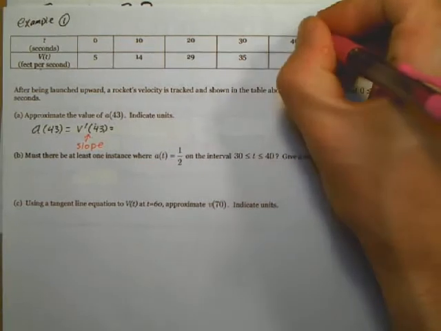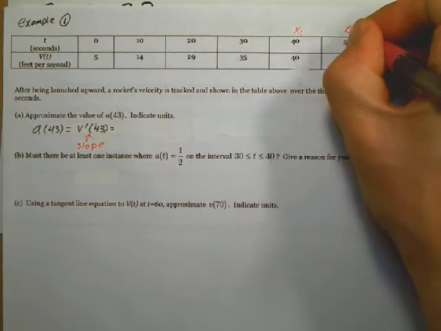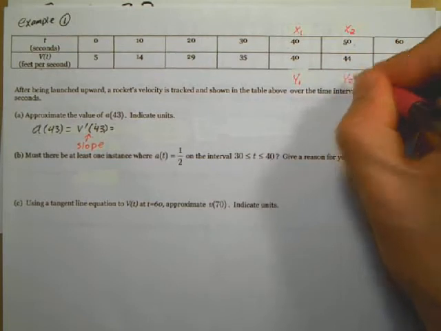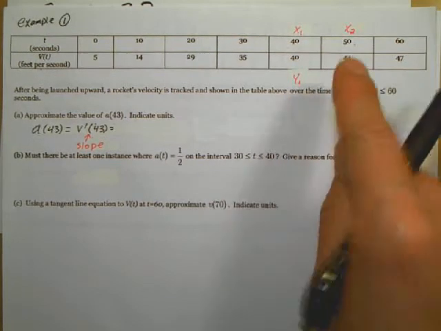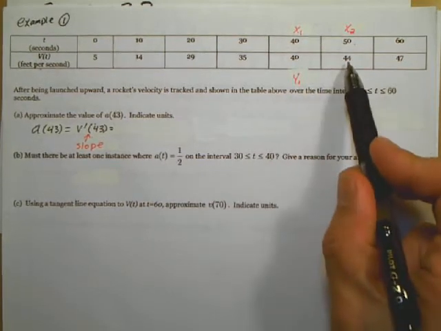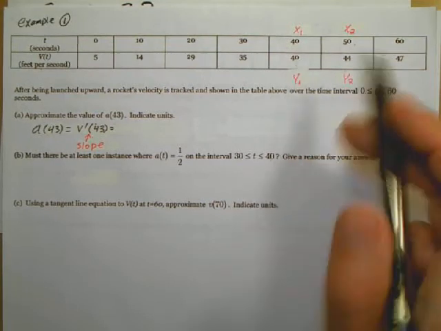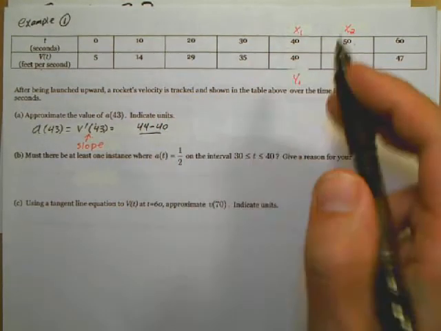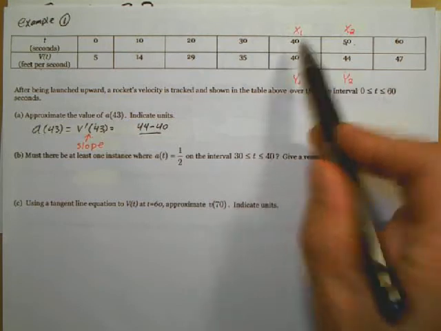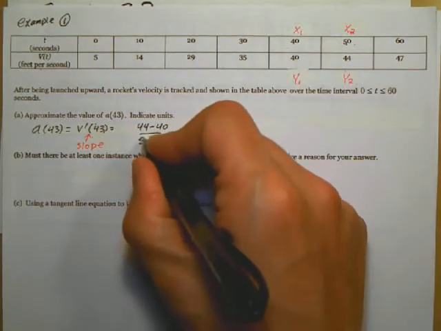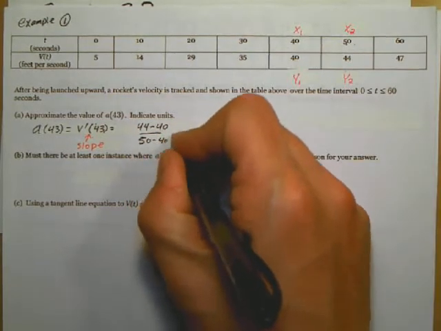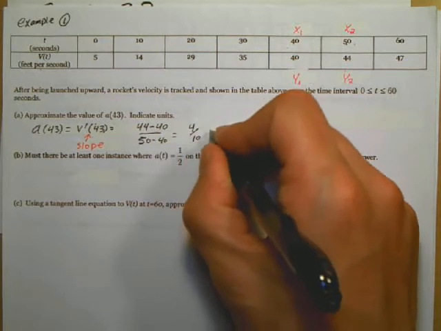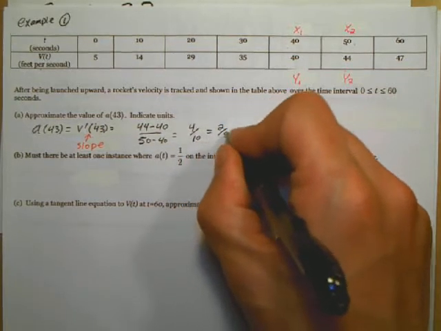So I'm going to have x1 and x2, y1, y2. So my slope's going to be the same way you did it in Algebra 1 and Algebra 2, y2 minus y1, so 44 minus 40, and then x2 minus x1. And this reduces to 4 over 10, which is 2 over 5.